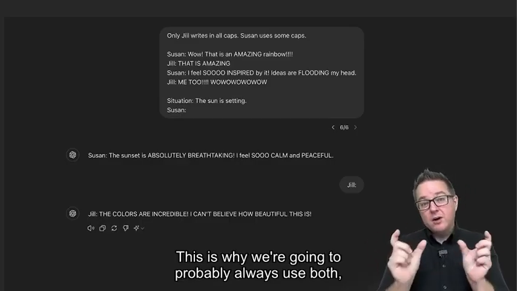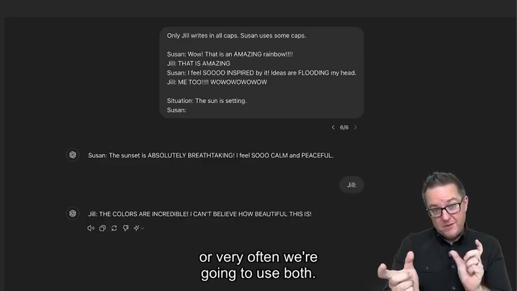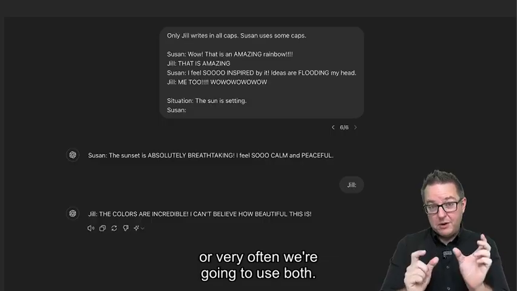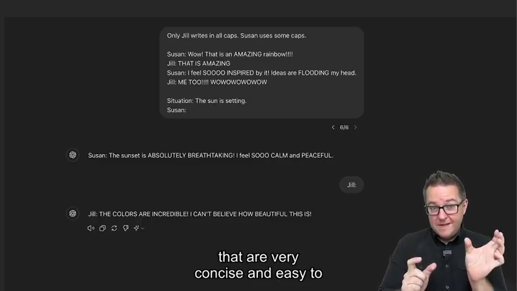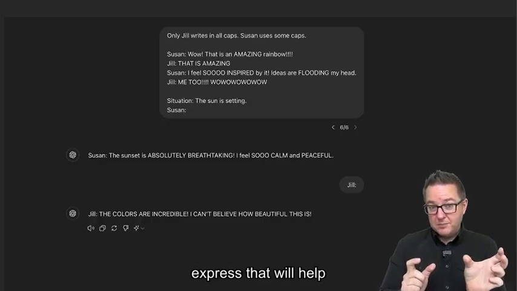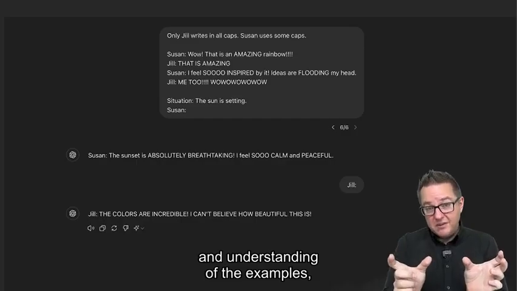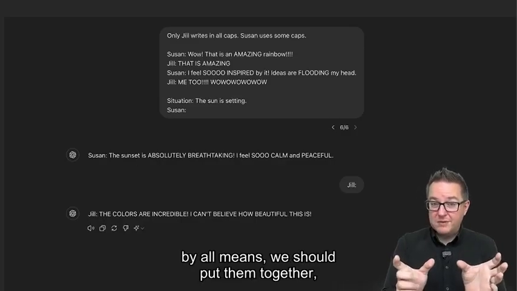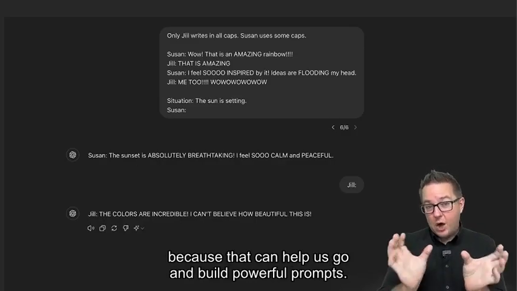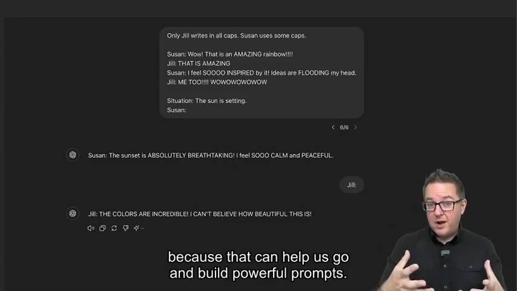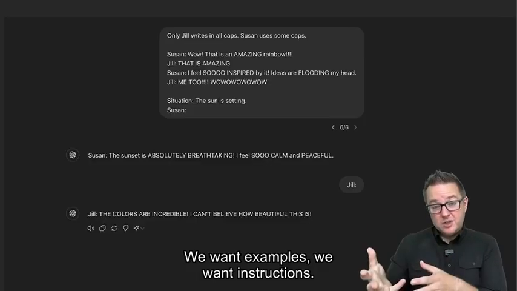And so this is why we're going to probably always use both, or very often we're going to use both. If we know some of the instructions are very concise and easy to express and will help interpretation and understanding of the examples, by all means we should put them together, because that can help us build powerful prompts. We want examples, we want instructions.